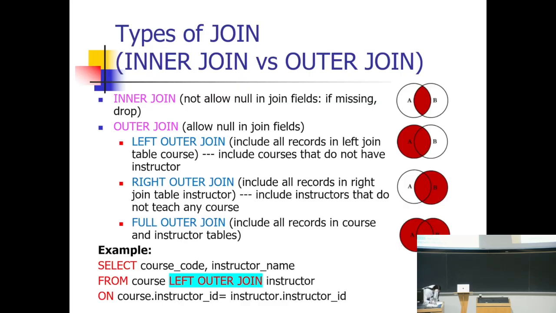And then we have another instructor, I don't know, John, who is not teaching any courses. Now, when we use left join, considering we have, for example, select star from course, then left join instructor.